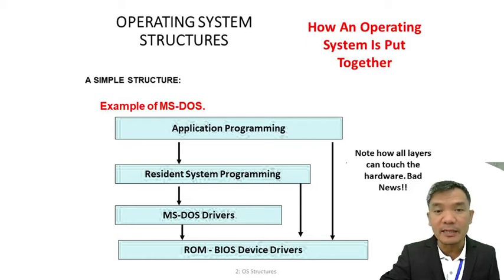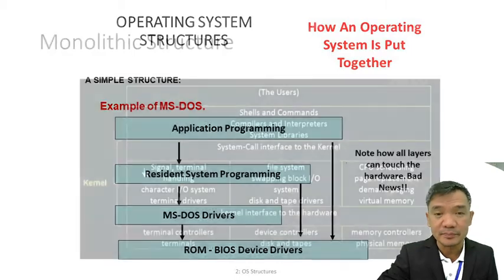And look at this one, even the application programming part, or the application layer, also has access to the BIOS device drivers. So this structure is much more complicated, and the disadvantage is that if you allow the application programming part access to the hardware, there is no good management between the resident system programming and the device drivers. So the current structure is not necessarily the same as this one.